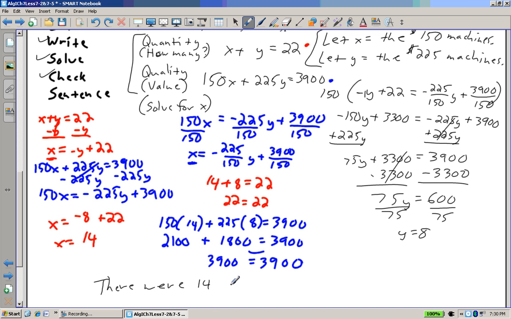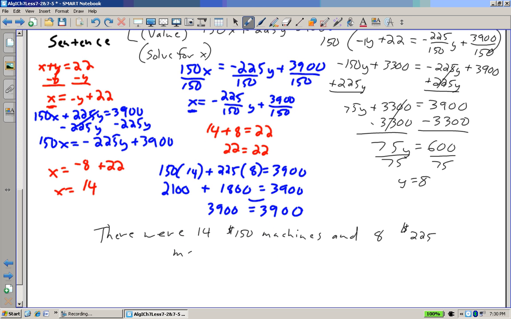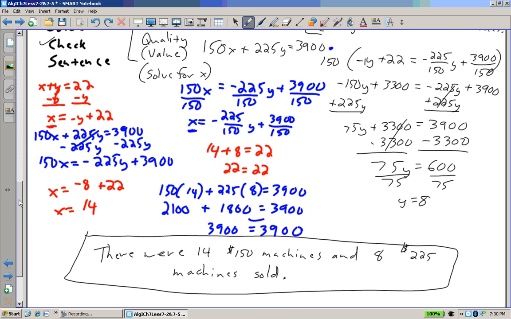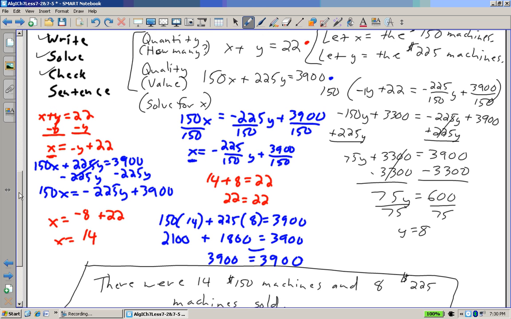There were 14 $150 machines and 8 of the $225 machines sold. And there's my sentence. And I have all of it. Let, write, solve, check, sentence.